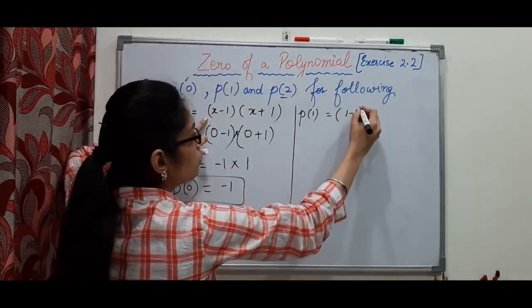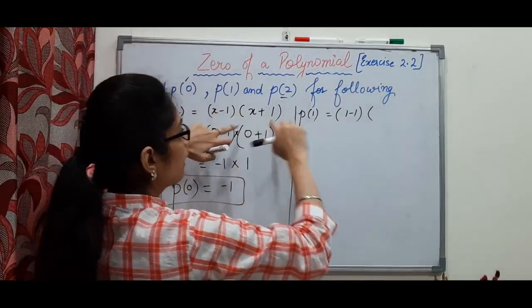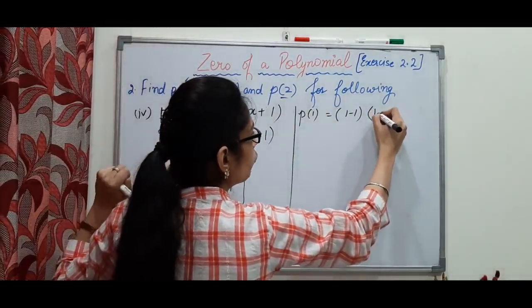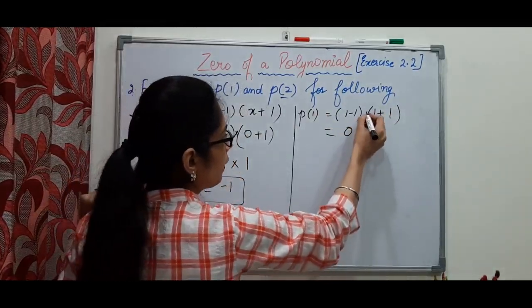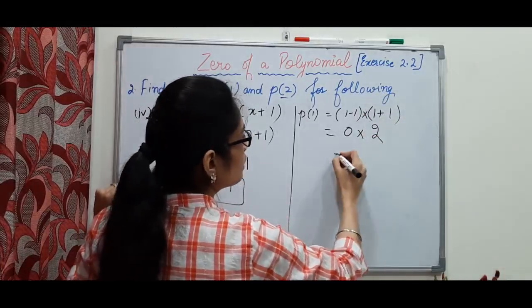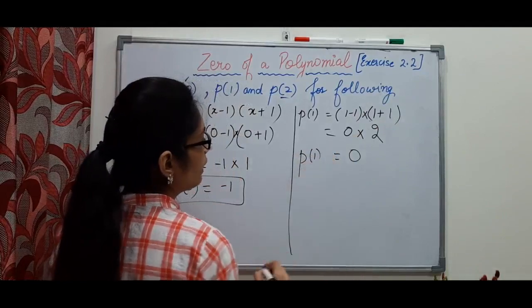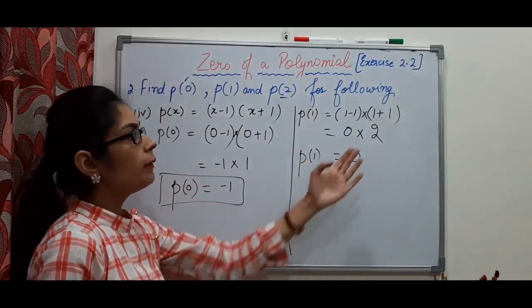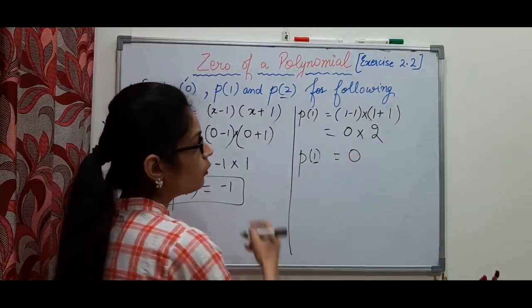So 1 minus 1, because x minus 1 becomes 1 minus 1, and x plus 1 becomes 1 plus 1. So 1 minus 1 is 0, bracket means multiplication, 1 plus 1 is 2, and 0 into 2 is 0. So when x equals 1, the polynomial becomes 0, which means 1 is also a zero of this polynomial.